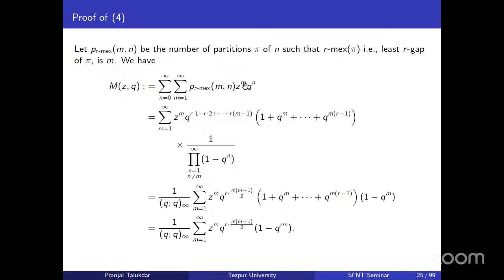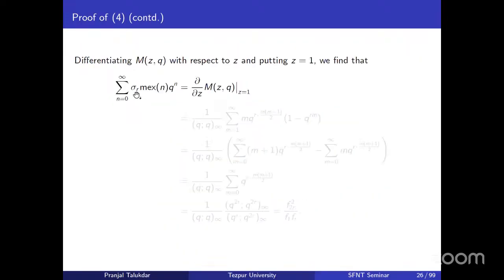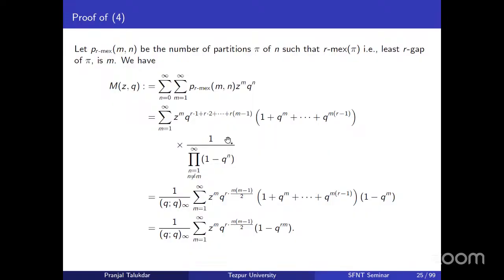If we differentiate partially with respect to z, then this m comes here and it becomes z to the power m minus 1, and when we put z equal to 1, this gives the summation of all the least r-gaps of all the partitions. So this gives us the generating function for the summation of all least r-gaps. And what happens to the right side? Here too we are differentiating with respect to z, so this m comes here and this becomes z to the power m minus 1.